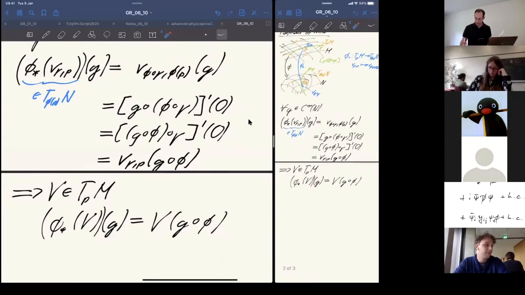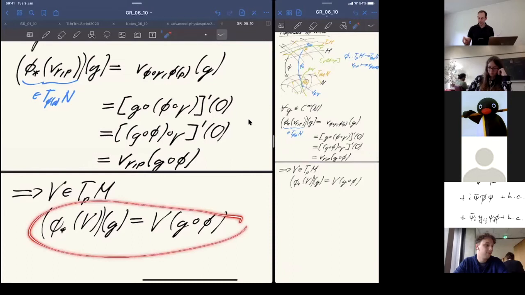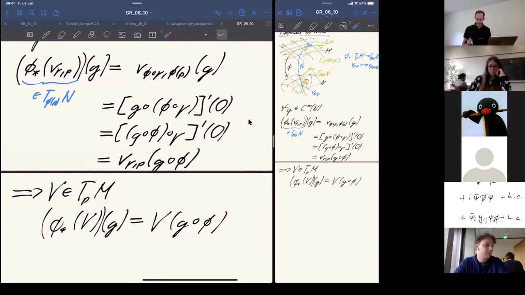And what this formula that we just derived tells us is that the push forward of a vector applied to g, so the push forward of a vector lives here, is the same as applying the original vector to the function g after phi. g after phi is, of course, a function defined on this manifold because it starts with phi. And so that's again very intuitive.